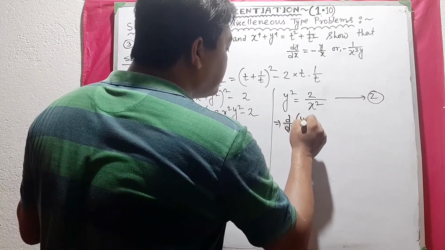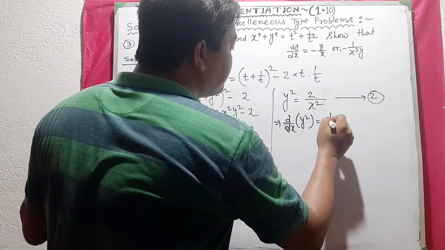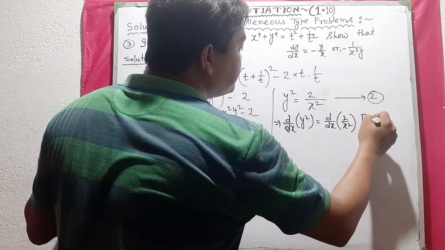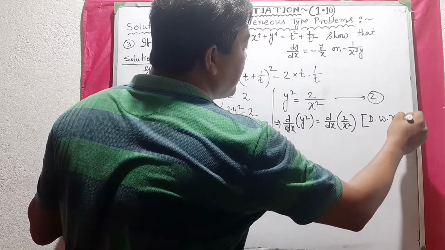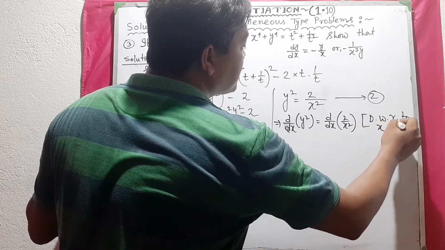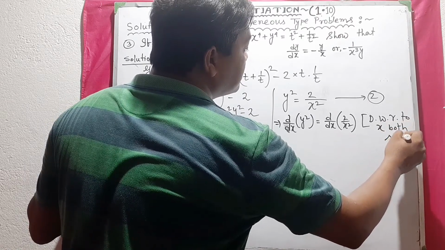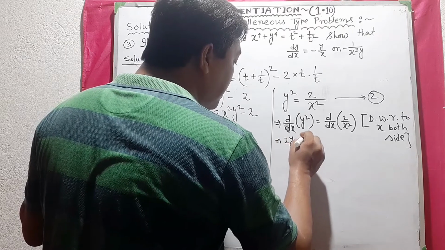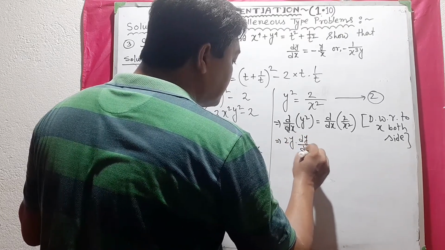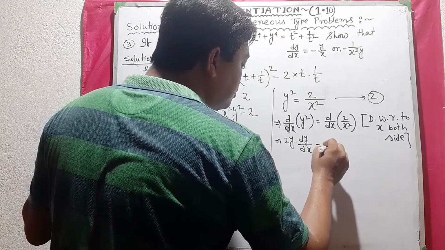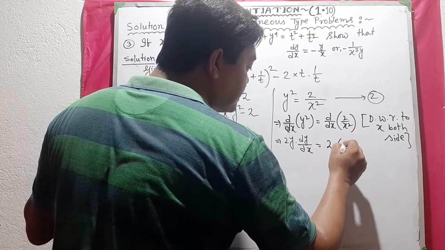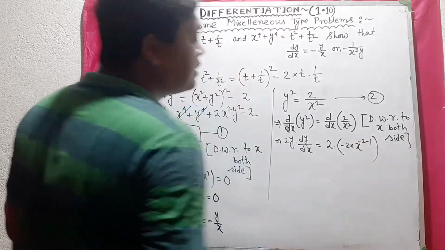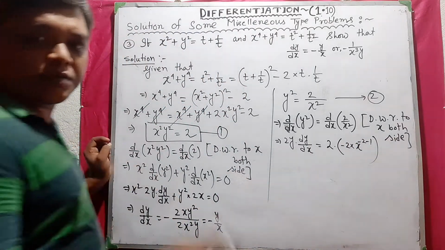that gives d by dx of y square equals d by dx of 2 by x square. So differentiate with respect to x both sides, so we get 2y into dy dx and 2 d by dx, that is minus 2 into x to the power minus 2 minus 1. Okay, 1 by x square, that is x to the power minus 2.